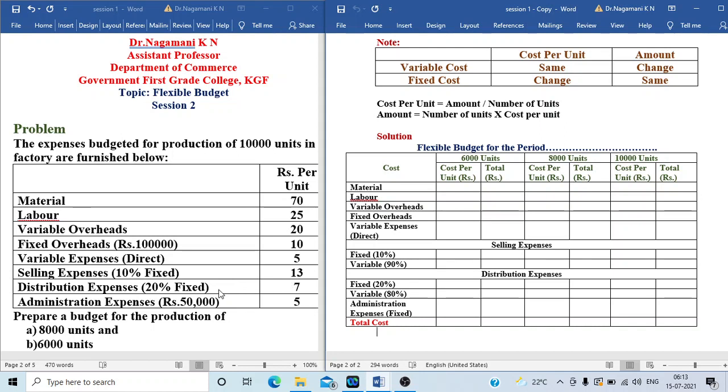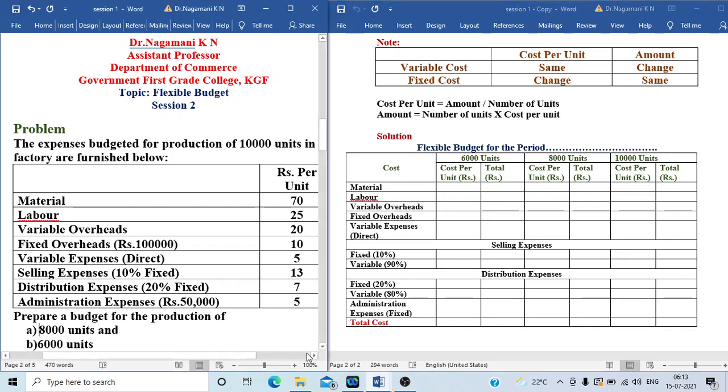Distribution expenses 20% fixed means 80% variable, cost per unit is 7. Administration expenses 50,000 amount is given and cost per unit is 5.